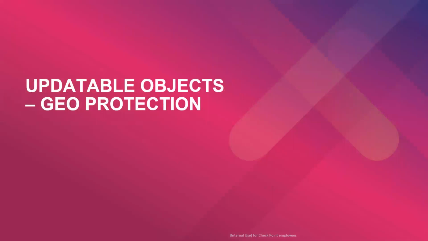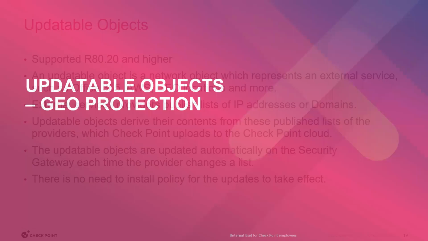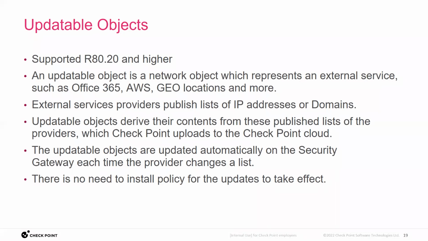Updatable objects. If you're not familiar with them, updatable objects are more than just geolocation. They support other external services such as Office 365, AWS, and any of the public cloud offerings, but they also include geolocations, which is what we're going to be talking about today.